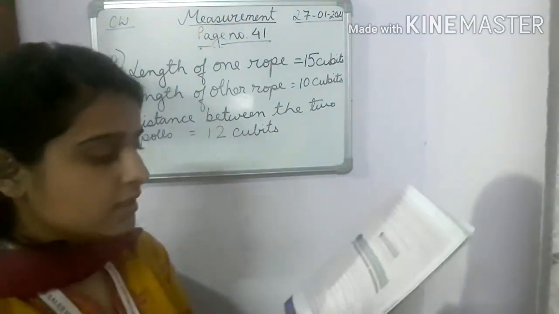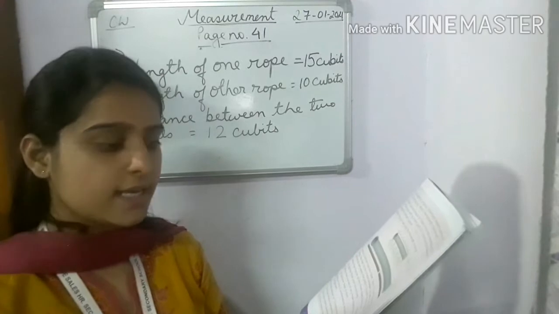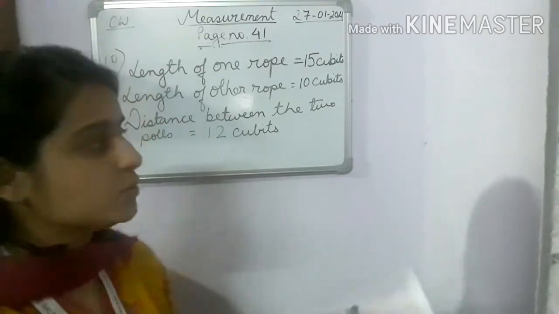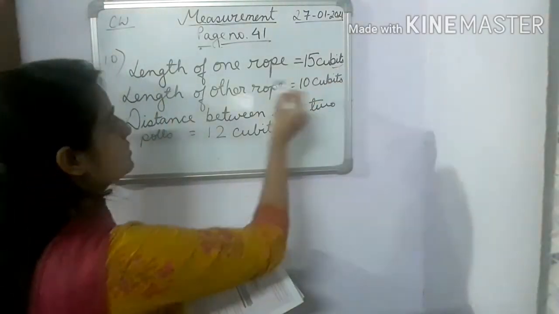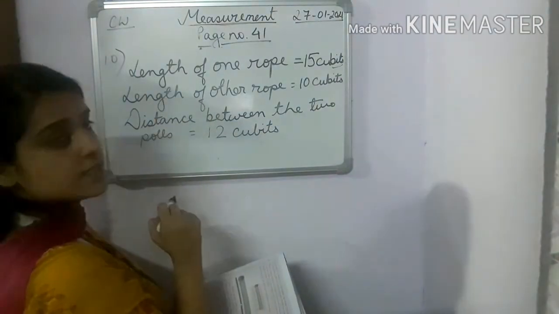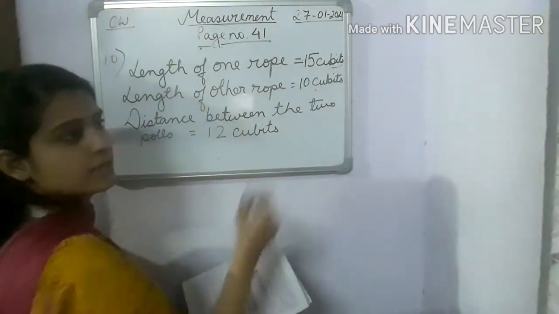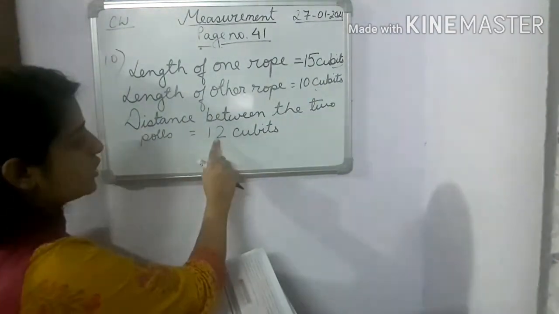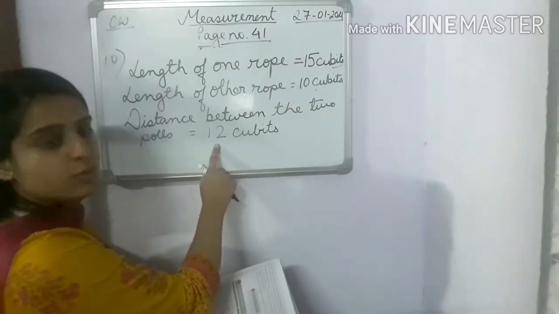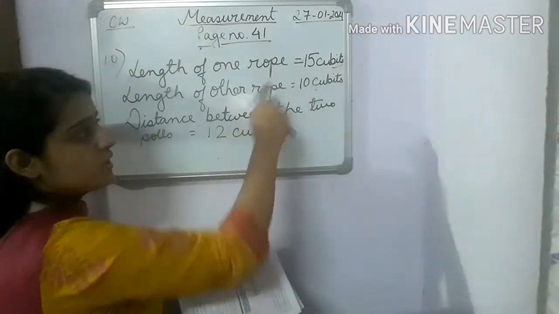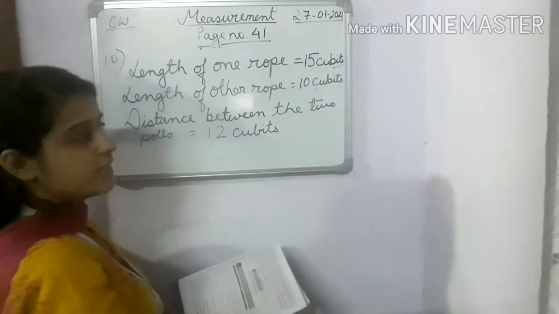Okay. Now what is the question asking? Which rope will he use? First one or the second one? He will use the rope which is more than 12 cubits. So which rope is more than 12 cubits? First one.